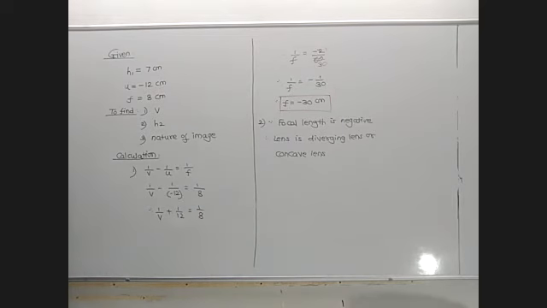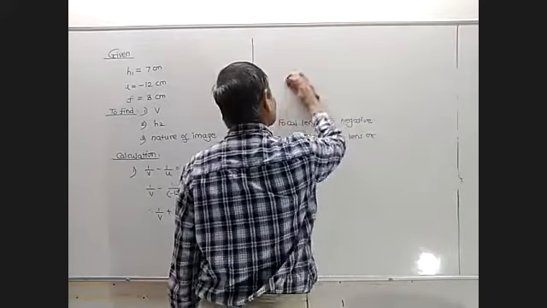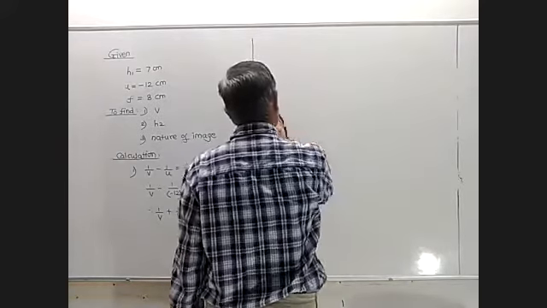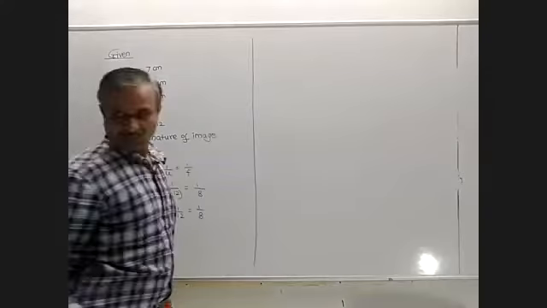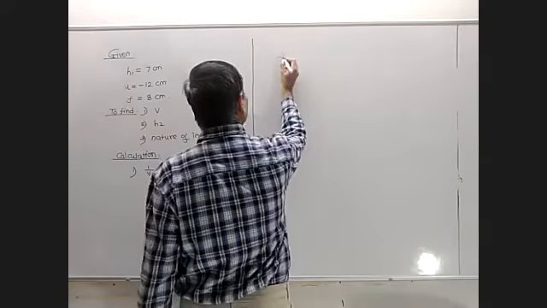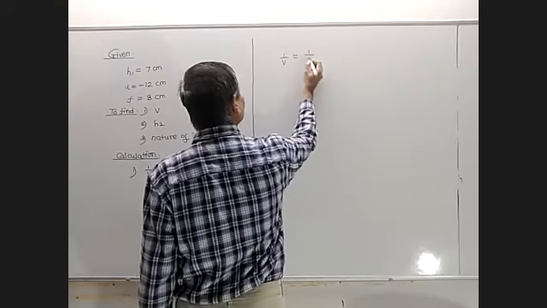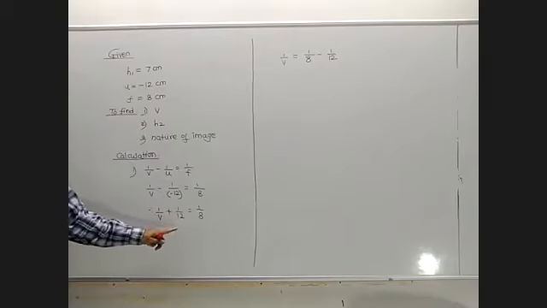So 1 upon v is equal to 1 upon 8 minus 1 upon 12. This plus 1 upon 12 after shifting becomes minus.